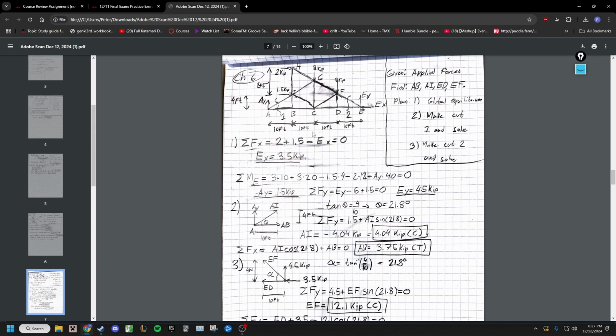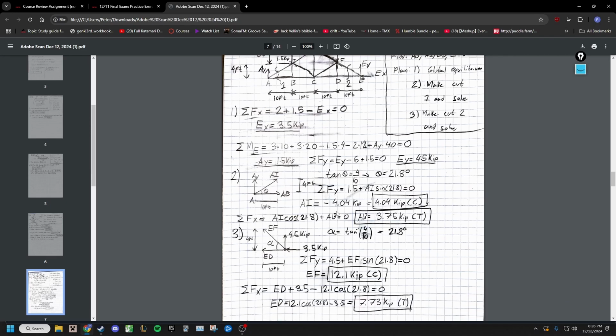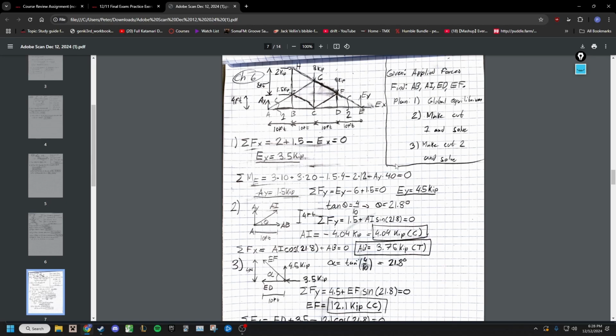Now, to find each part, we will do the method of sections, where we make cuts through the sections where we want to find the internal forces. We first make our cut 1, and we draw an FBD for it, and we simply solve the equations of equilibrium for it, and we find that AI equals 4.05 kip. Oh, and something I forgot to mention, we're supposed to find if it's tension or compression.